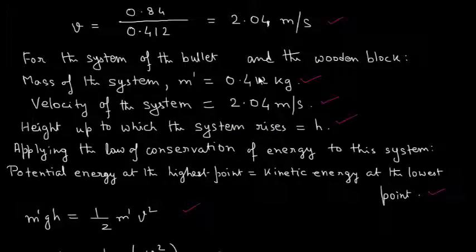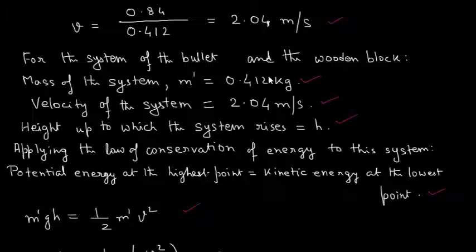Now, for the system of the bullet and the wooden block, we have mass of the system m dash equal to 0.412 kg. Velocity of the system is equal to 2.04 meter per second. Height up to which the system rises is equal to h. Applying the law of conservation of energy to this system, potential energy at the highest point is equal to kinetic energy at the lowest point.